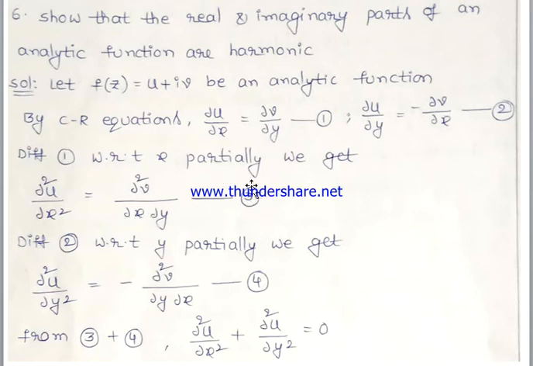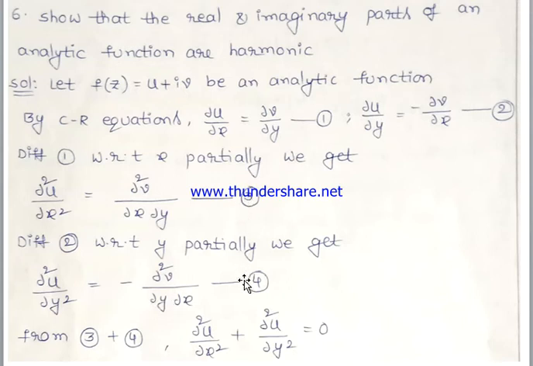That is equation number 3. And again, for the second equation, differentiating partially with respect to y, we get dou square u by dou y square equal to minus, the negative sign is already there, minus dou square v by dou y dou x.